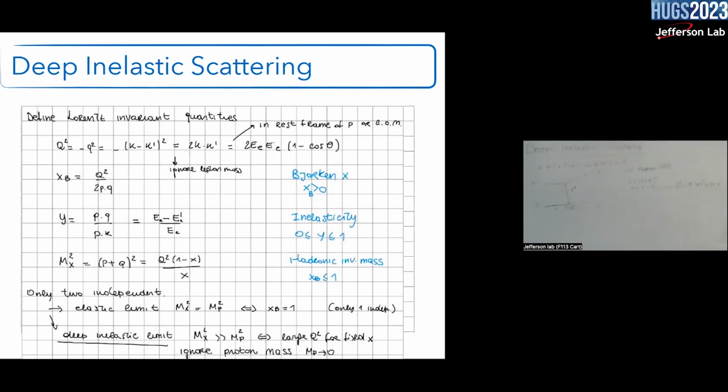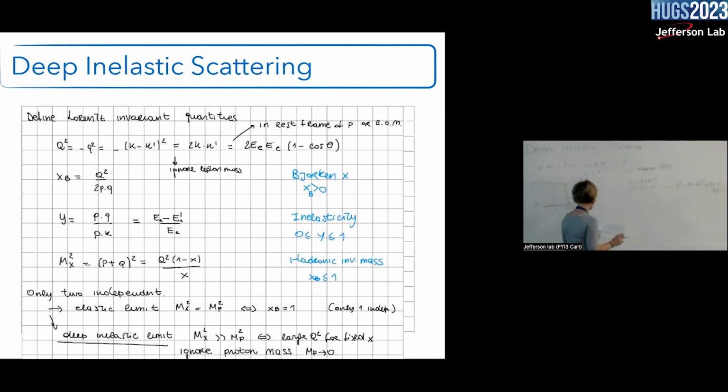Do you see it here? Okay. And for example, in the lab frame, this is the energy of the initial electron, the energy of the electron that you scatter off, and 1 minus the cosine of theta, which is the angle between the incoming electron and the outgoing electron.